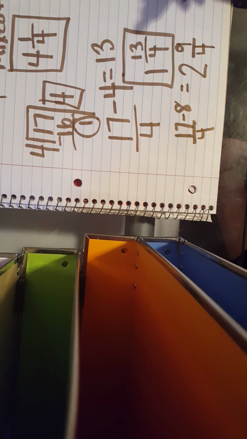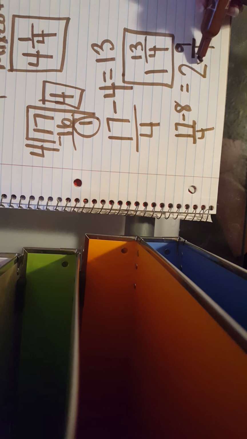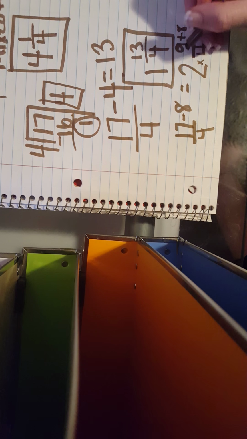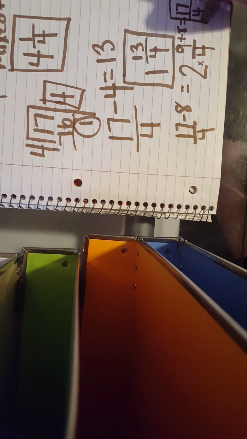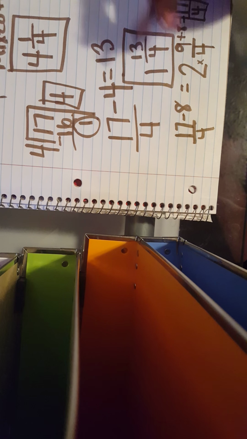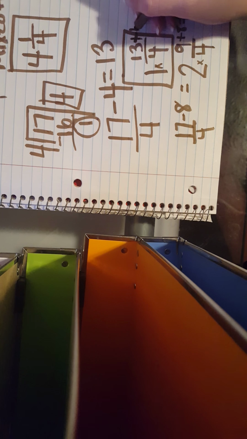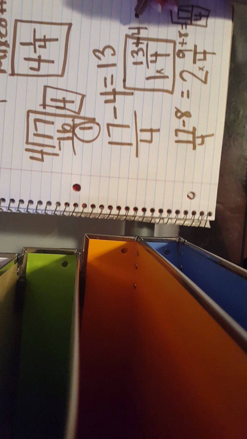To check it, to make sure it is equivalent, I know that 4 times 2 is 8, and 8 plus 9 is 17/4. That shows me it's equivalent. 1 times 4 is 4, and if I do 13 plus 4, that's going to give me 17/4.